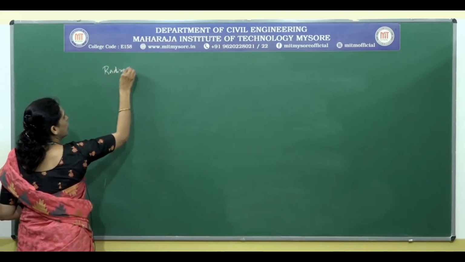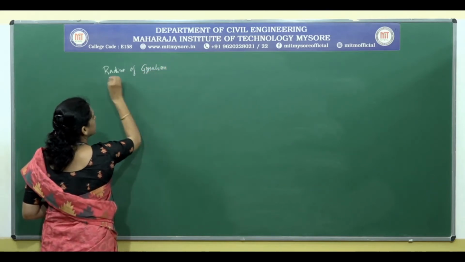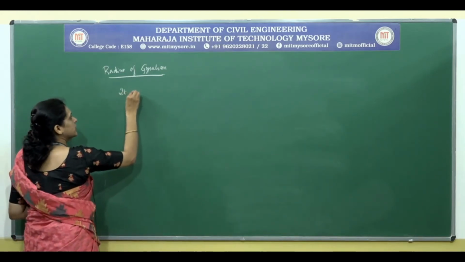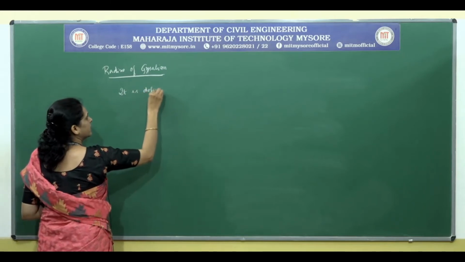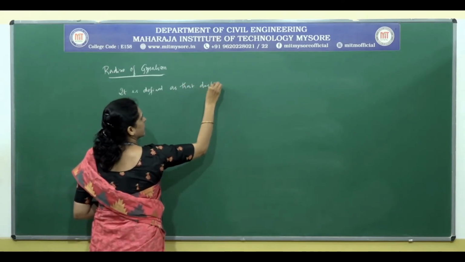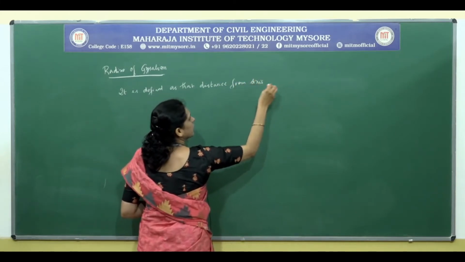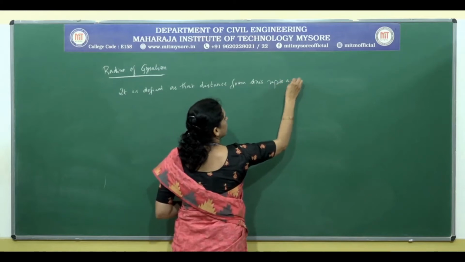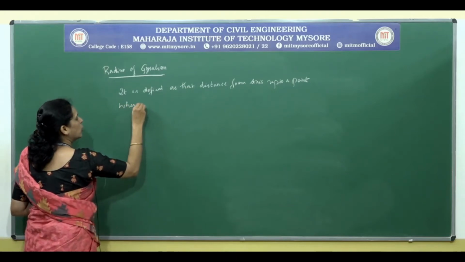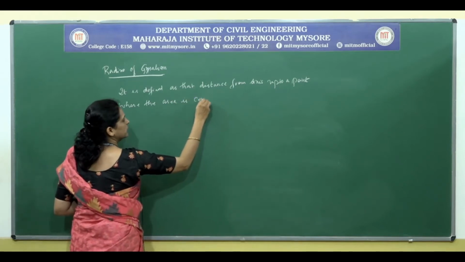Radius of gyration. It is defined as that distance from the axis up to a point where the area is concentrated.